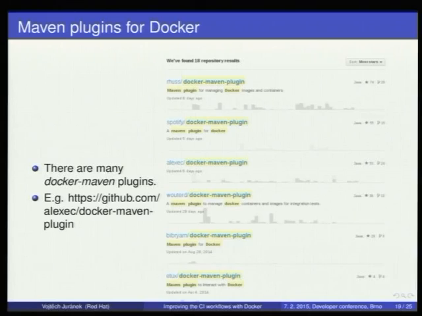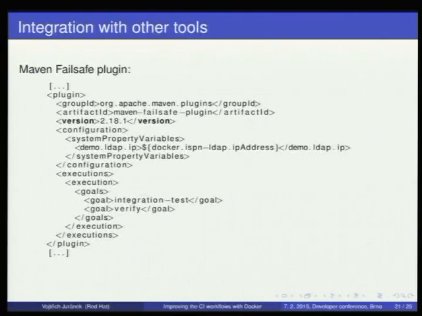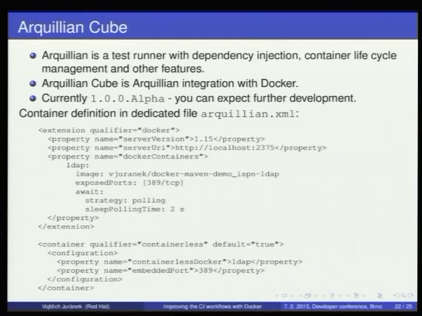As you can see, there are plenty of them. For example, I chose this one. I like it, and I will probably show you in a demo, so I show it here for completeness, but we'll skip it for now. This is the configuration of the Docker plugin and the failsafe plugin, which runs the tests.